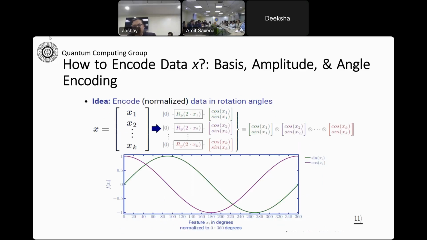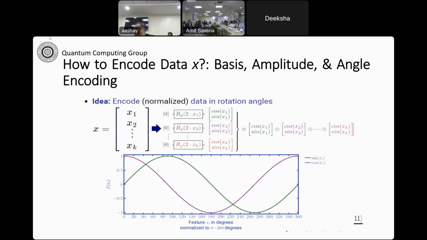There is also another technique which gives you better non-linearity of the feature space, because all those others are basically linear mappings. This is angle encoding. Though angle encoding has several forms, this is the simplest form. Here, for each feature, you encode it in terms of one rotational parameter.